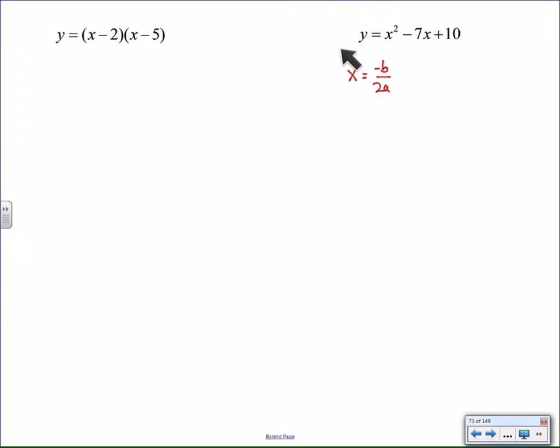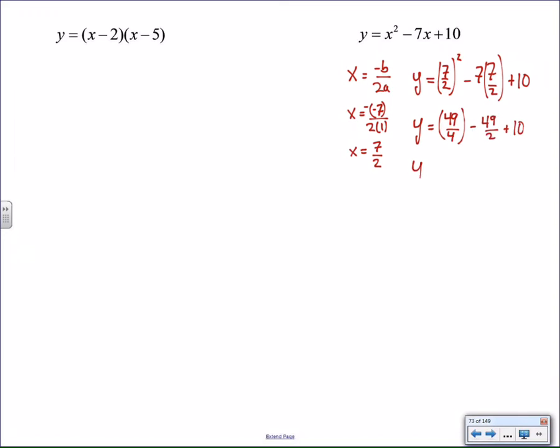And the only way I know how to do that right now, there are other ways, but the way I know right now, is I'm going to take the axis of symmetry first, and get the axis of symmetry at 7/2, and then I'm going to put 7/2 into the function to get the y part of the vertex, which will be negative 2 1/4. So when x is 7 halves, y is negative 2 1/4. That's the vertex. So we can go y equals 1 times the quantity x minus 7 halves squared, that's the h squared, minus 9/4, which is 2 1/4.